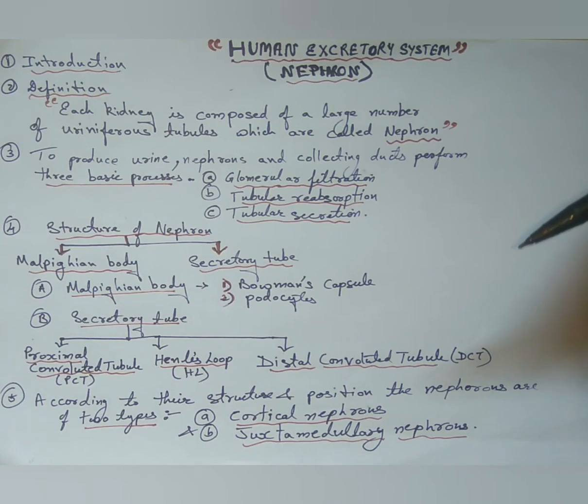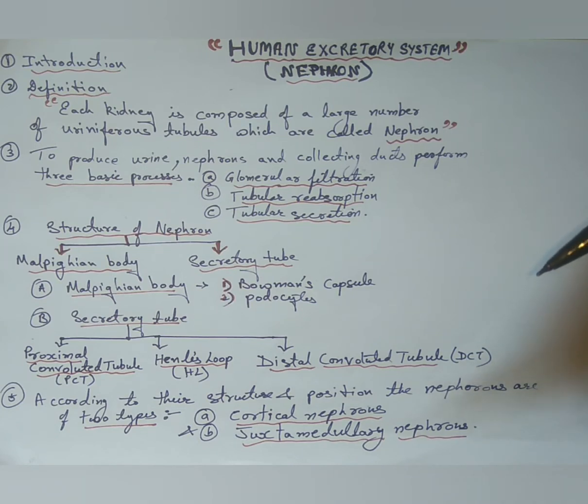In tubular reabsorption, as filtrate fluid flows along the renal tubule and through the collecting duct, tubule cells reabsorb about 99% of the filtrate water and many useful solutes. In tubular secretion, as fluid flows along the renal tubule and through the collecting duct, the tubule and duct cells secrete other materials such as waste, drugs, and excess ions into the fluid.